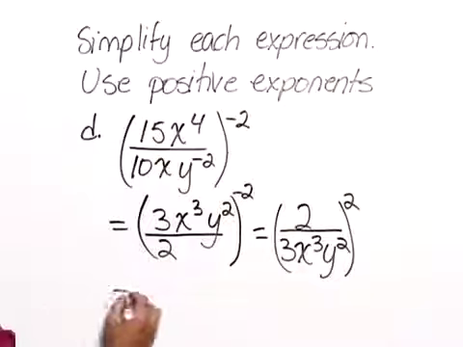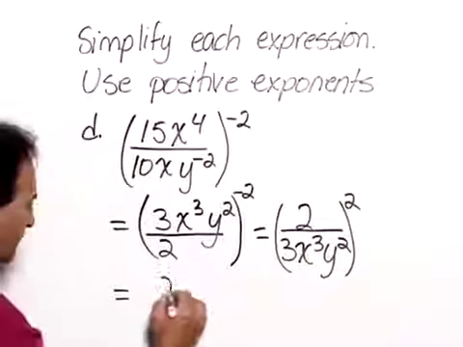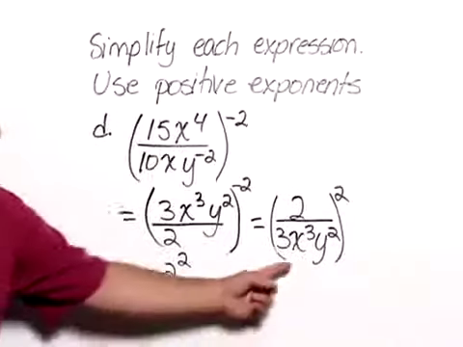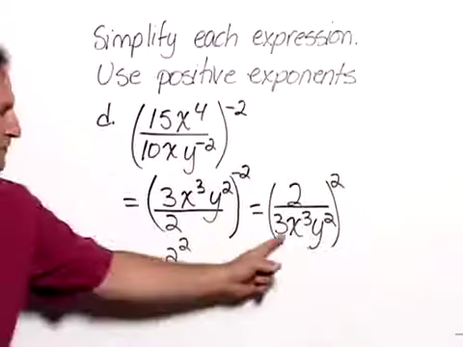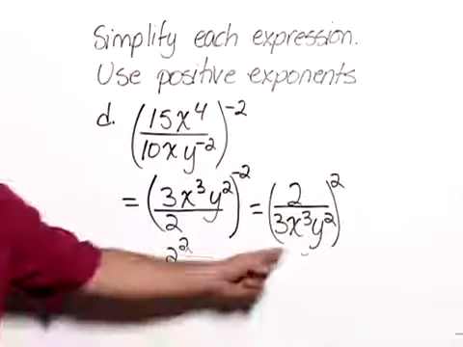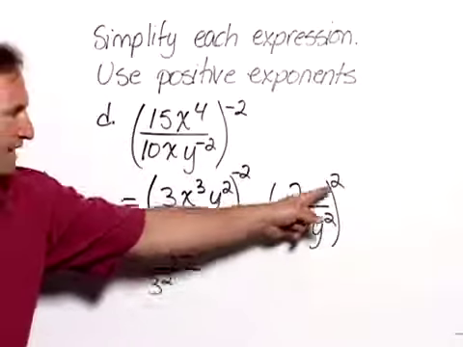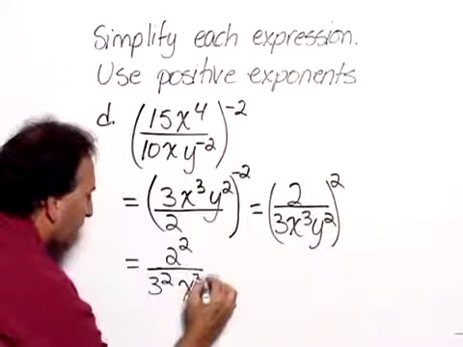Now we apply the 2 to the numerator, and that's 2 squared. And we apply it to each of the factors in the denominator, so it becomes 3 squared. Then x cubed and then squared, we multiply those powers. So it's x to the 3 times 2.